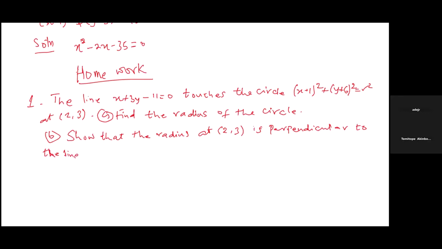The line x plus 3y minus 11 equals 0 touches the circle x minus 1 squared plus y plus 6 squared equals r squared at 2, 3. Find the radius of the circle. B, show that the radius at 2, 3 is perpendicular to the line. So that's the homework.